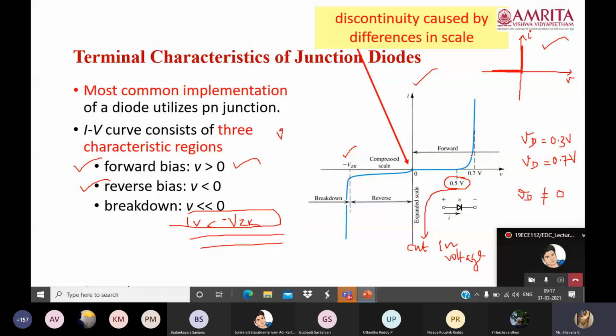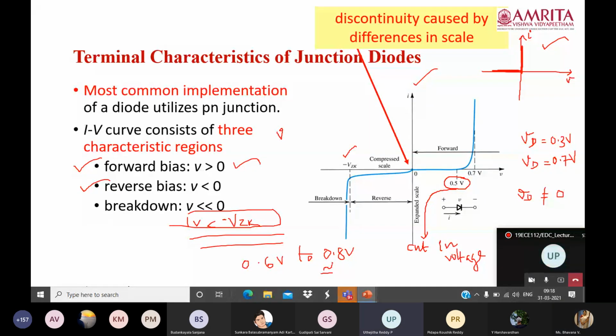Third point: for a fully conducting diode, the voltage drop lies in a narrow range, that is 0.6 volt to 0.8 volt.